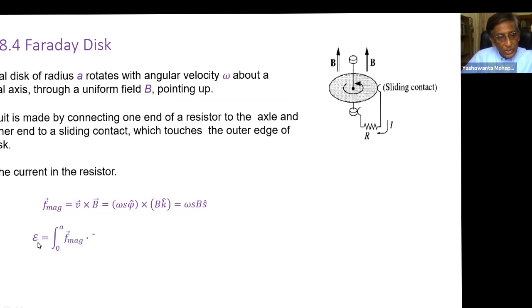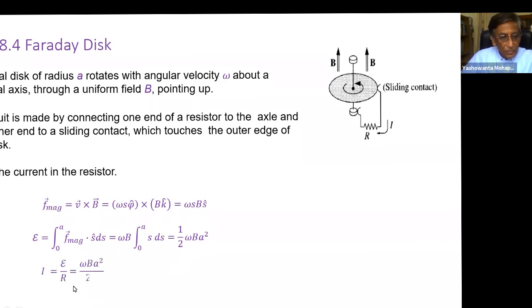And so what will be the EMF? The EMF would be integrating from 0 to a, F_mag dot ds, along this path. And so the integral of ωB s ds is half ωBa². And so what will be the current?